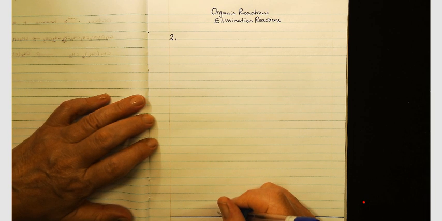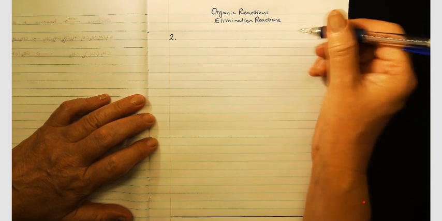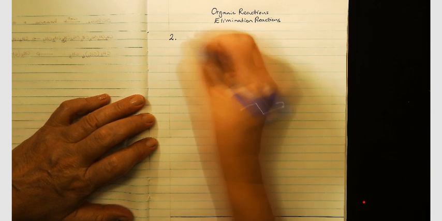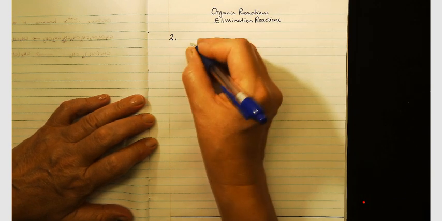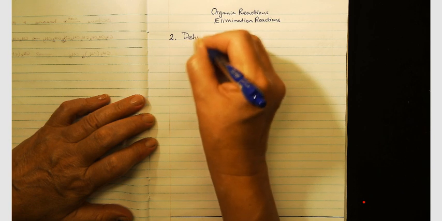We are busy studying elimination reactions. We have done thermal cracking and catalytic cracking. So this elimination reaction that I'm going to discuss in this video is called dehydrohalogenation.